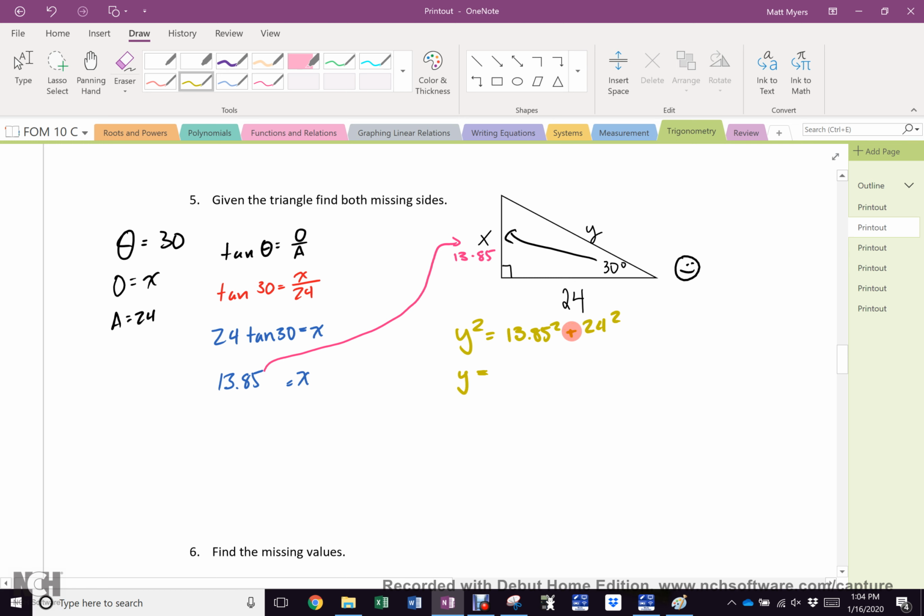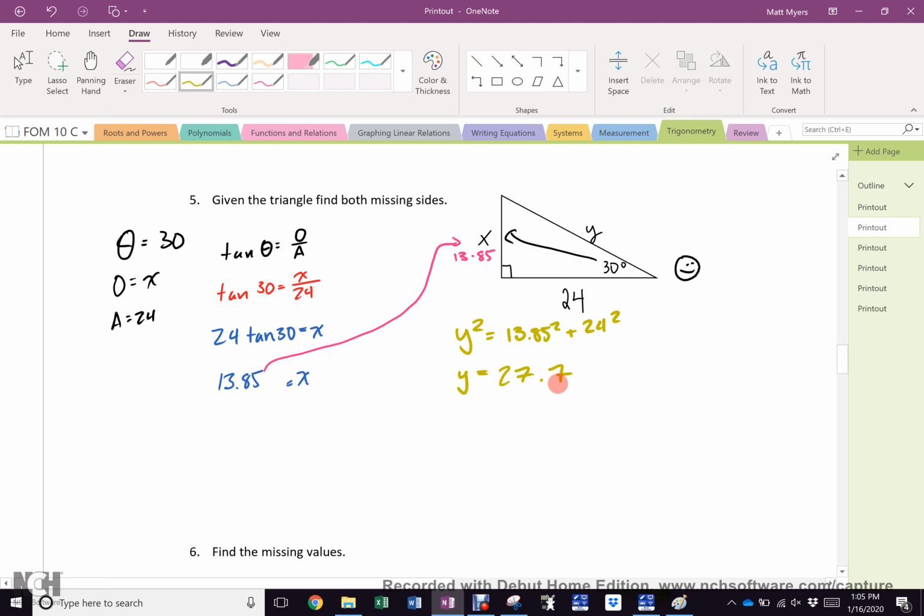You should be able to do that, especially because you learned Pythagoras in grade 6 or 7. What do we get here? 27.7.